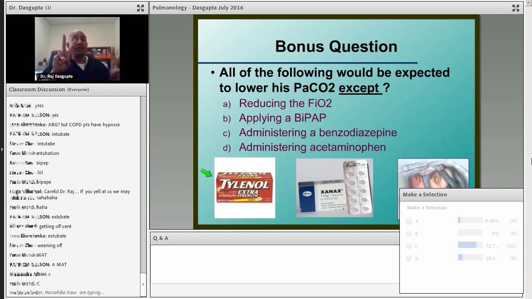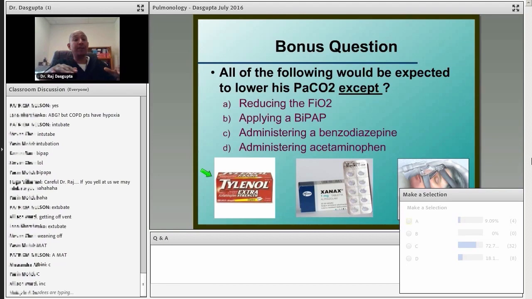What are the 2 things that actually regulate CO2 in the body? Number 1, minute ventilation. Number 2, metabolic rate. Anytime you increase your metabolic rate, what happens to CO2 production? It goes up. Anytime you reduce your metabolic rate, that means less Krebs cycle.